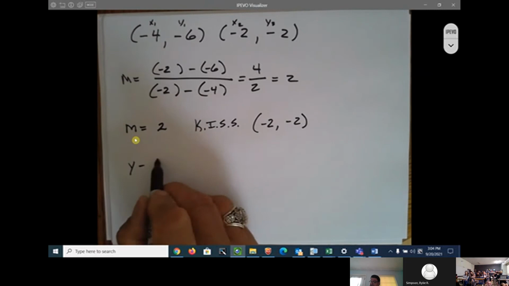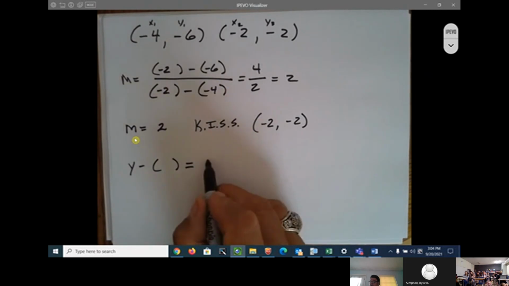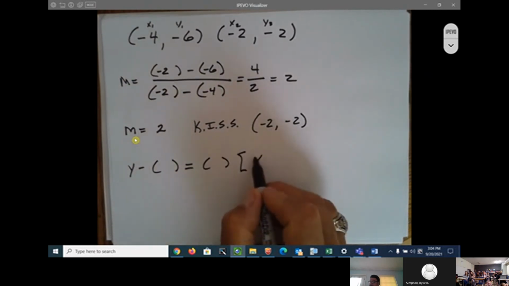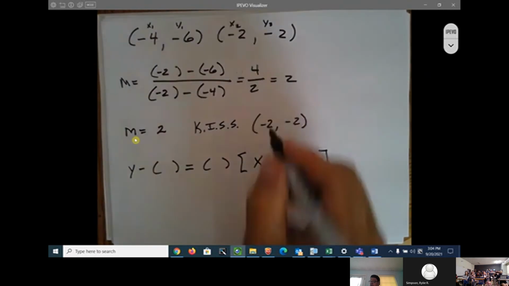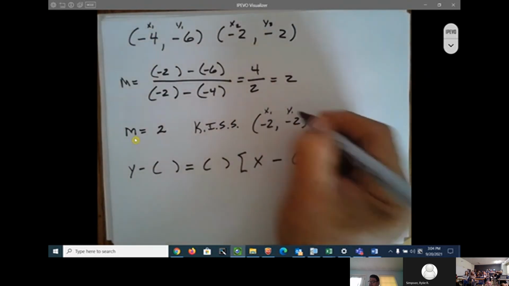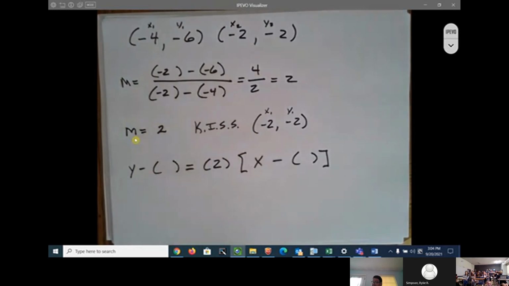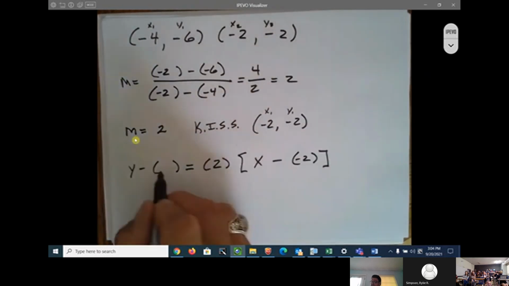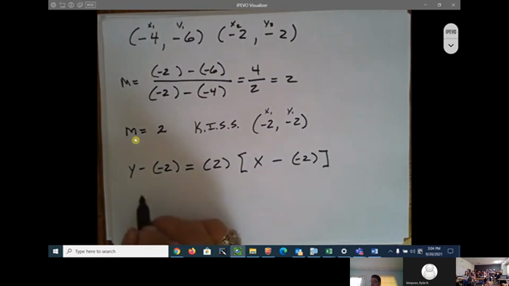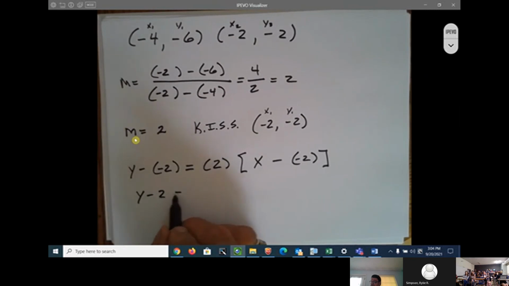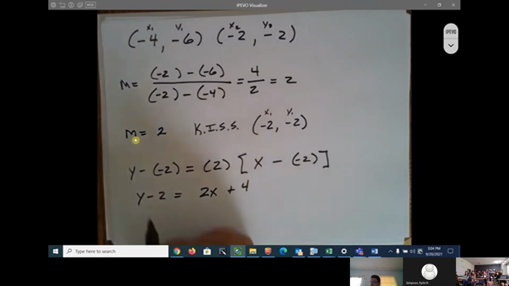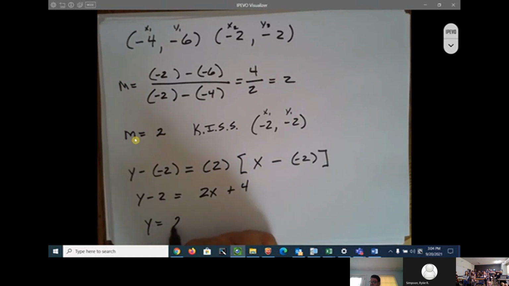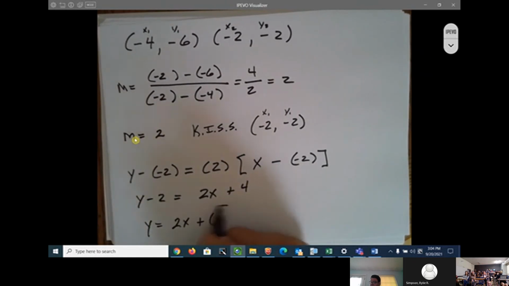y minus parentheses equals parentheses times x minus parentheses. x sub 1, y sub 1, negative 2, negative 2 goes here. y minus negative 2 is equal to 2 times x plus 2.